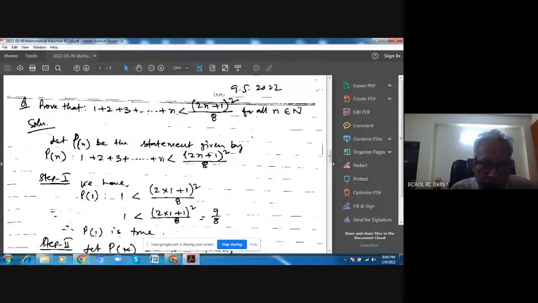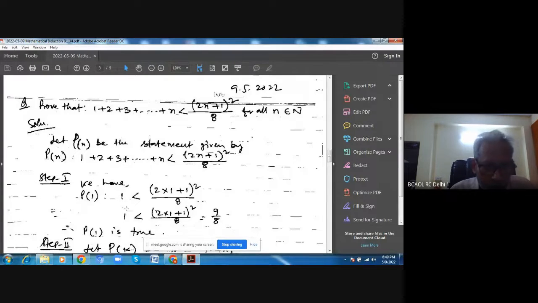So in this case n is converted to 1. Whatever symbol is there will remain. If it is equal to, then you write equal to, but in this case it is less than. So 2 into 1 plus 1 divided by 8, whole square. If you calculate it, ultimately it comes to 9 by 8. So 9 by 8 means it is 1.1 something.